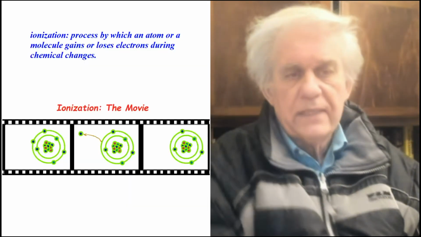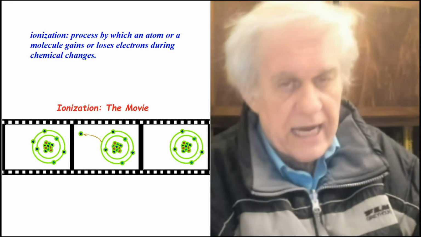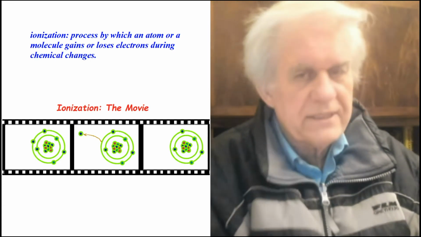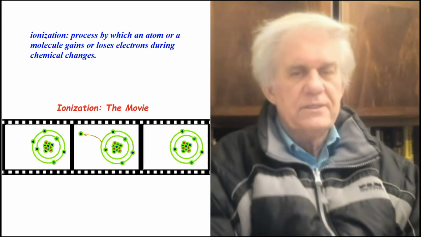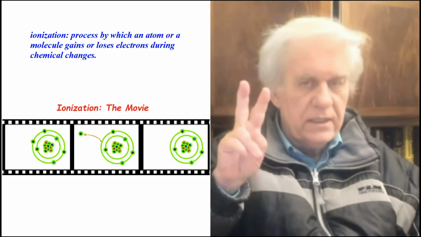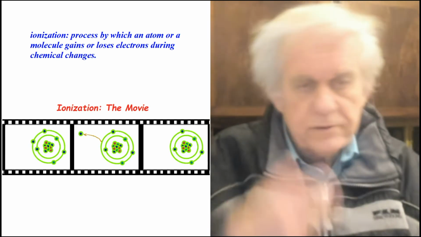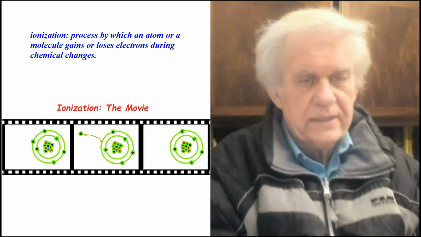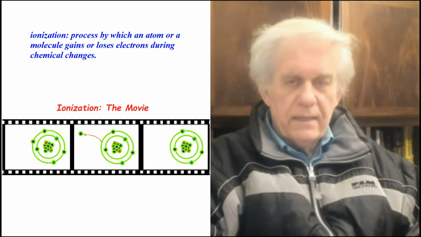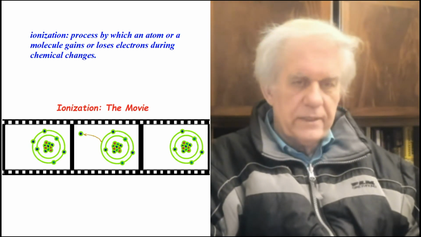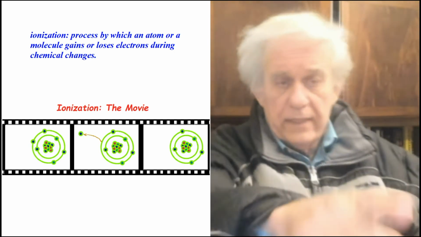Here we have the word ionization, and what is it? A process. You know what a process is? It's a verb. Process means you're going to require at least two frames of the universal movie. And there you see an example, ionization, the movie. We have an atom, some kind of atom there. This is Bohr's planetary model. It's going to lose an electron, that one up there.